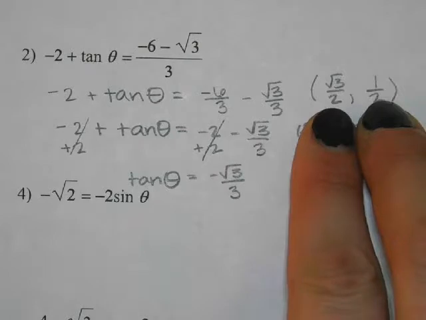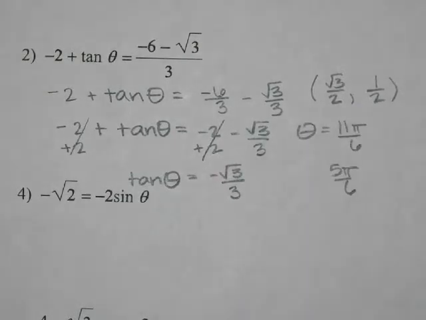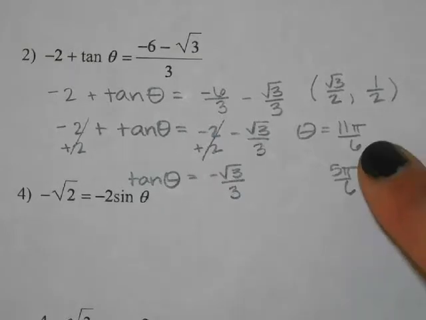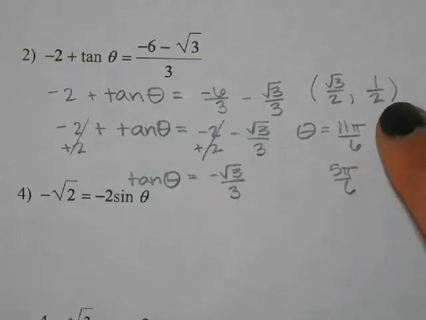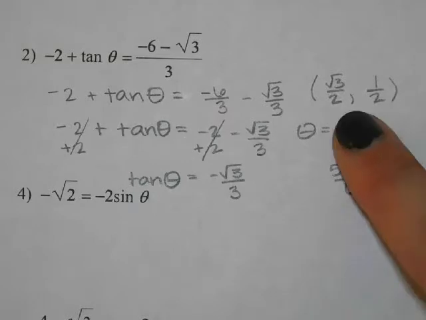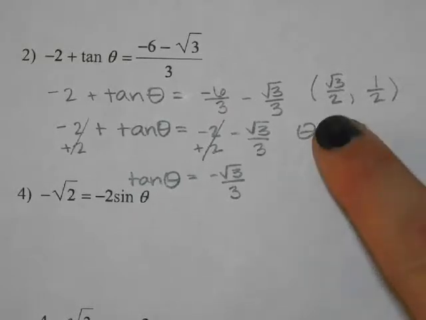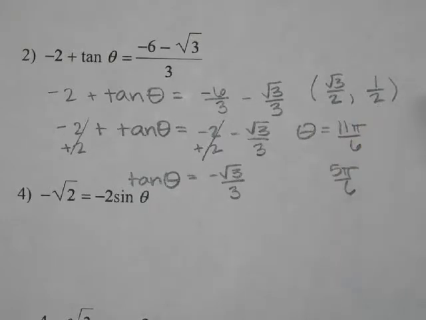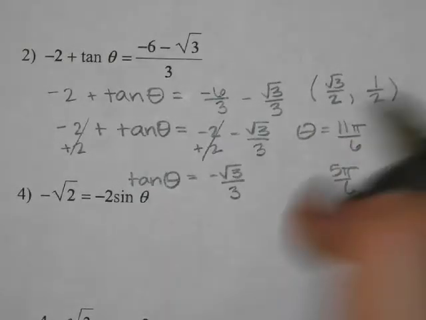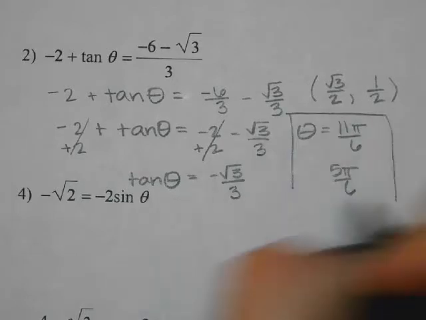You can't have positive, positive, you can't have negative, negative. Okay, so the two answers are 11 pi 6, where the 1/2 is negative but the √3/2 is positive, and 5 pi 6, where the √3/2 is negative and the 1/2 is positive. Okay, so two answers for that problem, and then we are done.